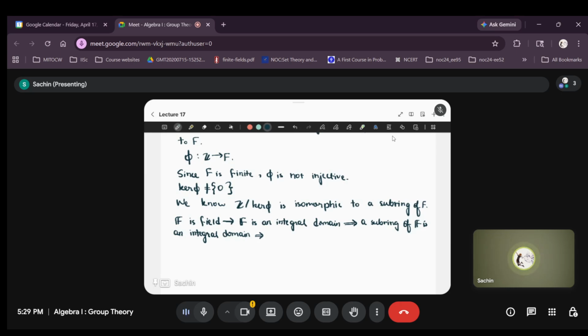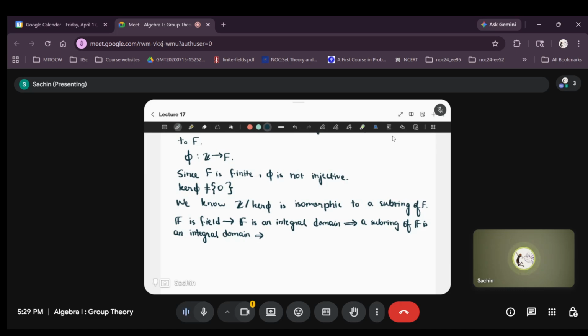So any subring is a subset of the field, with maybe additional properties, but it's a subset of the field itself. So the product of any two elements there also can't be 0 without one of them being 0. So a subring of the field is also an integral domain.